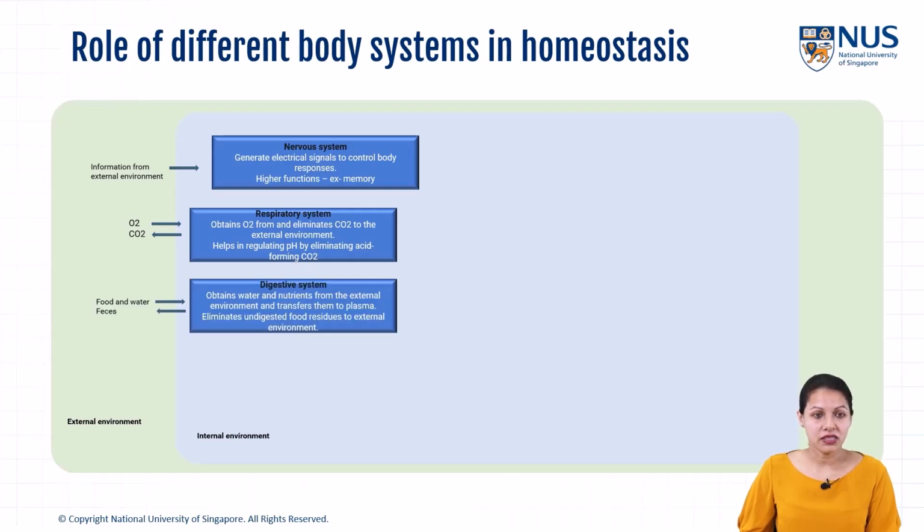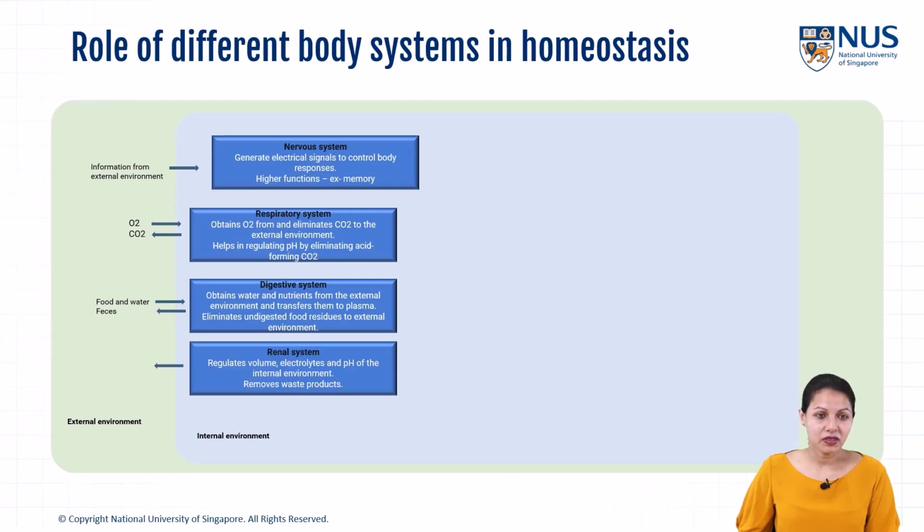The gastrointestinal system obtains water and nutrients from the external environment and also eliminates feces from the body. The renal system is important in many homeostatic functions, including regulating the volume, electrolytes, and pH in the internal environment, and the toxic products are excreted in urine.